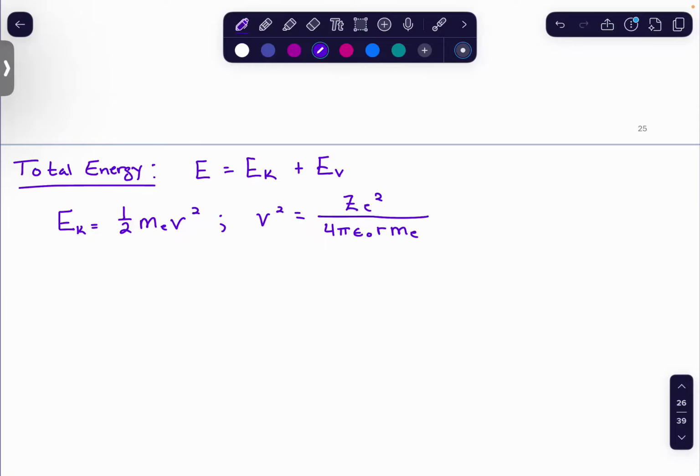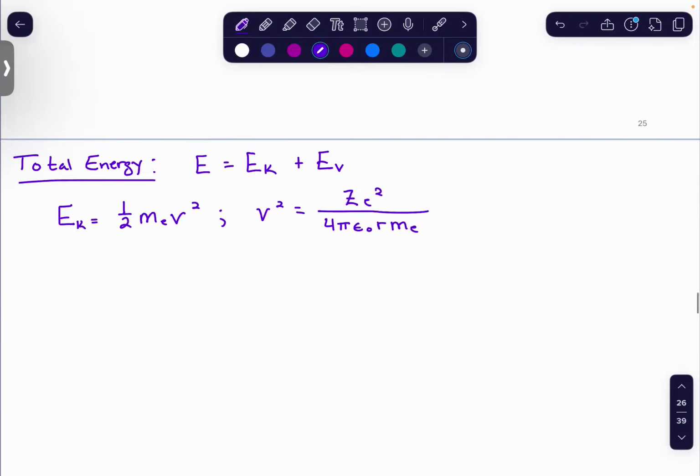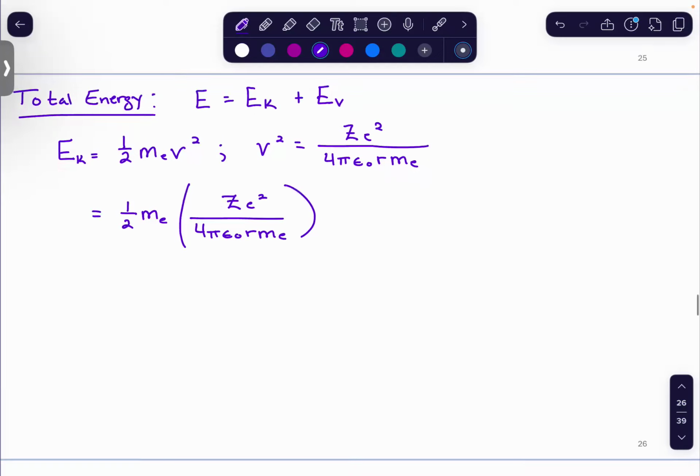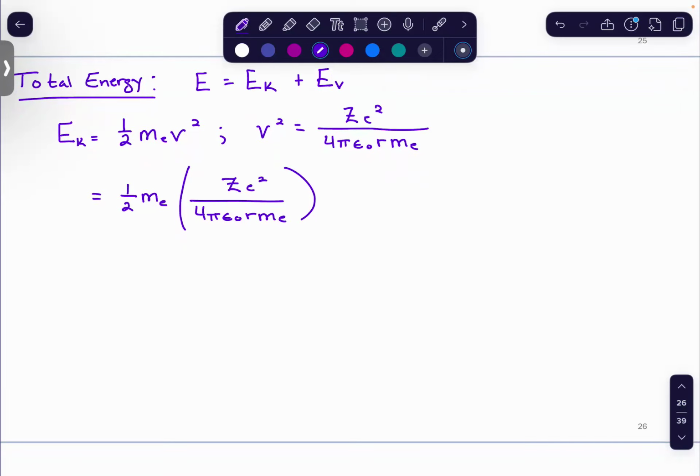We did this above. Okay, so let's just work with this first for a second. Let's go ahead and substitute that in. Half mass of your electron. And keep in mind, your e is your fundamental charge. So that mass of your electron is going to cancel out.